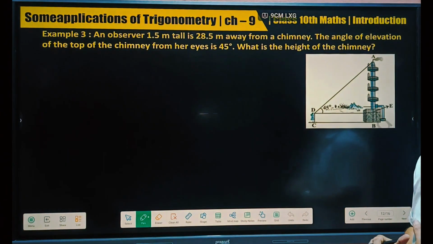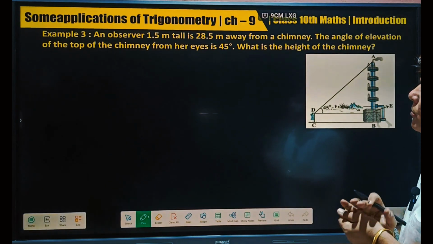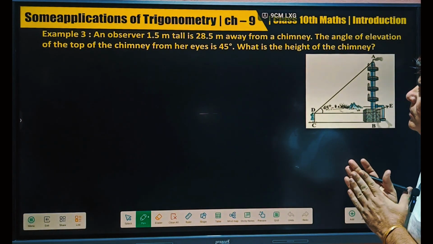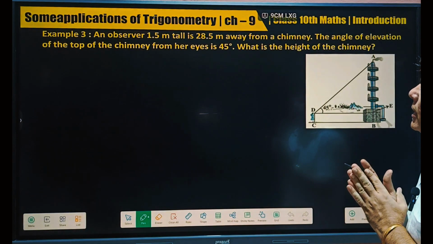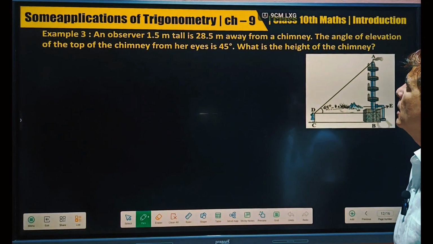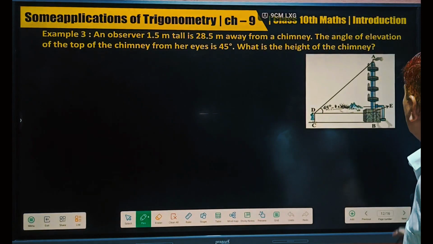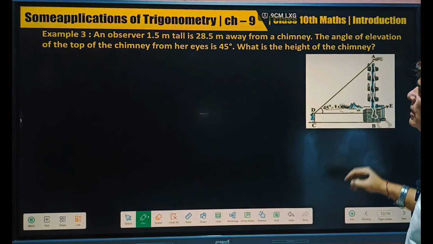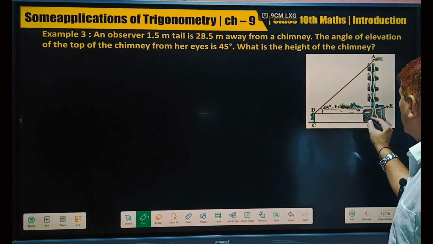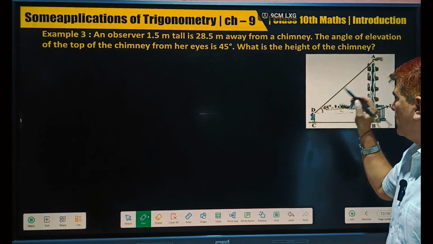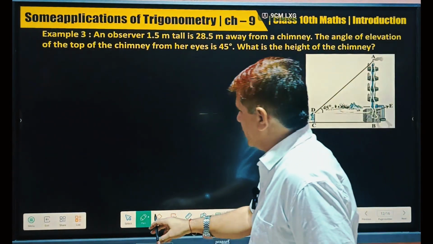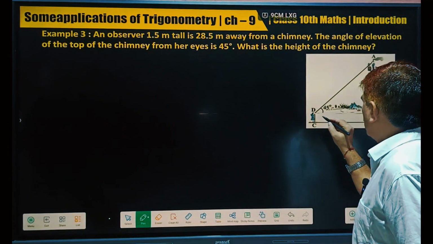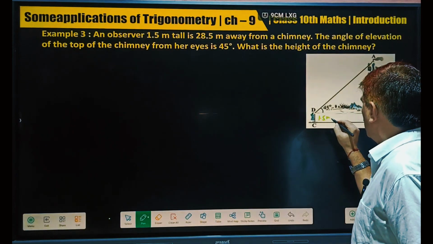Next, an observer 1.5 meter tall is 28.5 meter away from a chimney. So this is a chimney, and one observer is standing here at this point. What's the height of the observer? 1.5 meter.